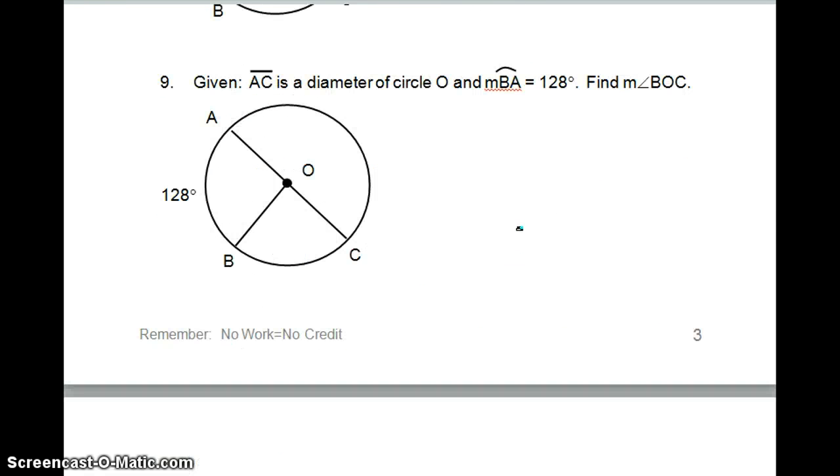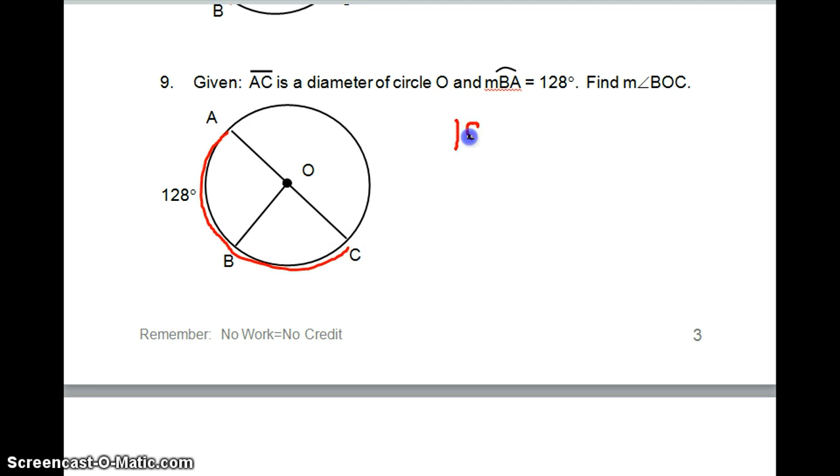Number 9. Given AC is the diameter of circle O, and the measure of arc BA equals 128, find the measure of angle BOC. Okay, well, again, we've got AC's diameter, and this is BA. So we know if this is the diameter, these two are going to add up to 180.